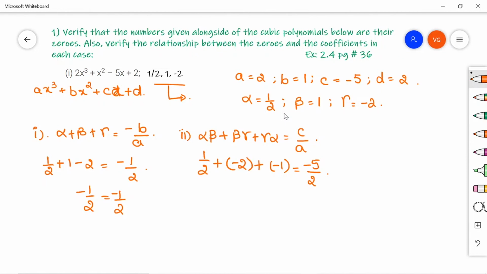Again, we'll verify here: 1 by 2 minus 3, take LCM, 1 minus 6, so minus 5 by 2. So minus 5 by 2 and minus 5 by 2 here verified.